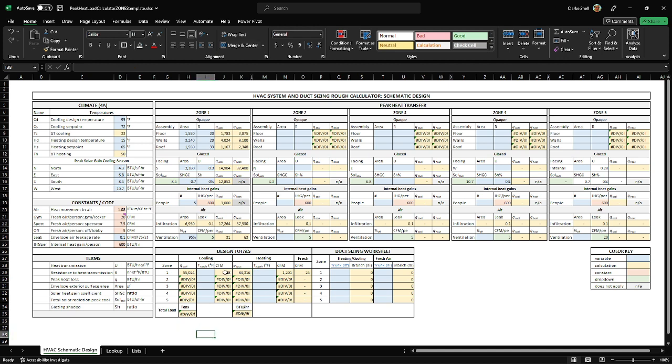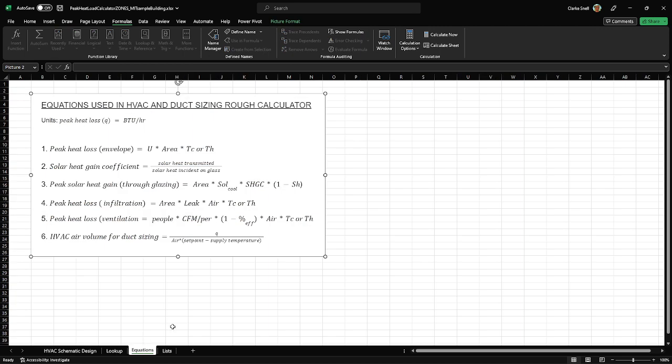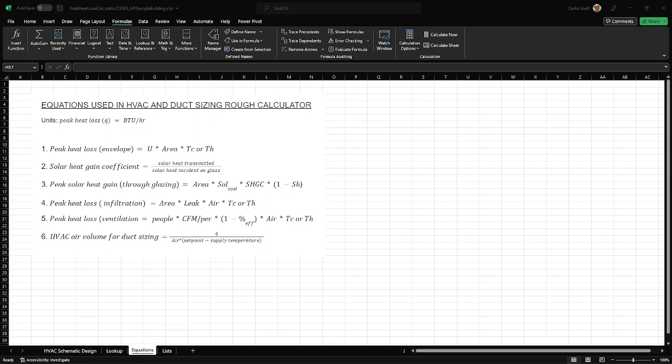So the thing I actually need, this has a number in it just because of the way the calculation works, but I need a supply temperature. And why do I need that? Because if I come over here, now we're using this equation.